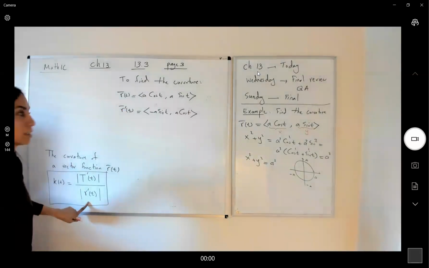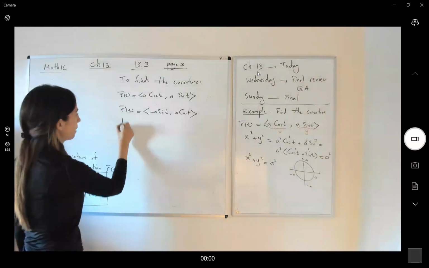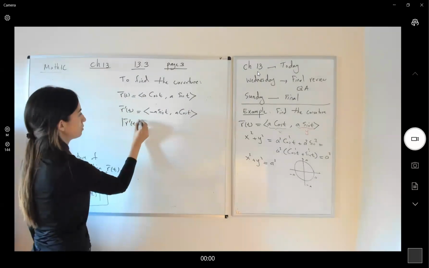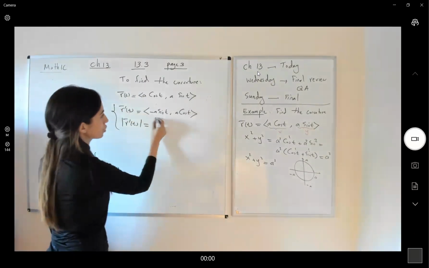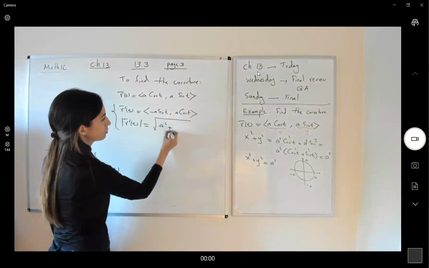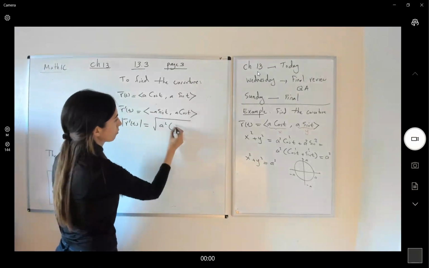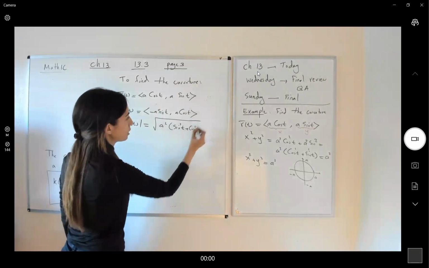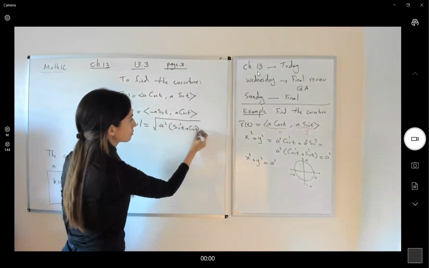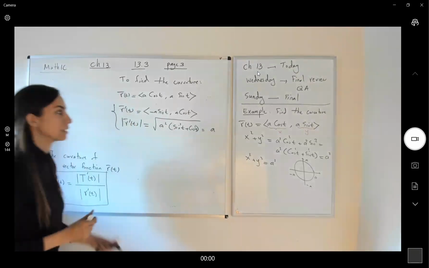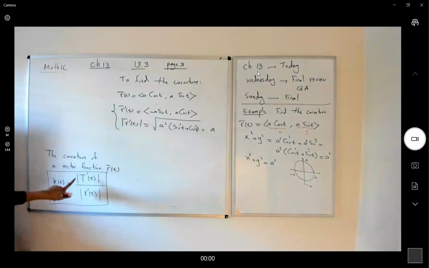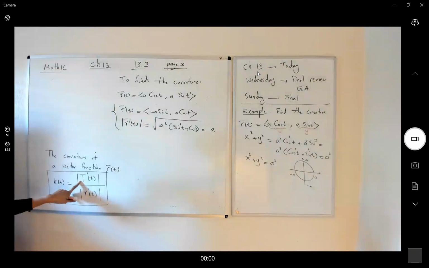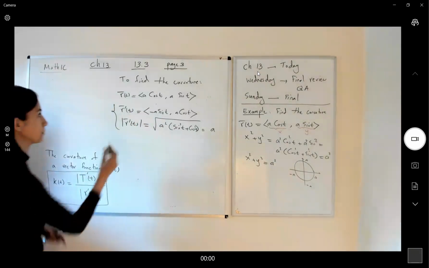On the denominator, you need the magnitude. The magnitude is equal to the square root of a squared times sine squared plus cosine squared, which is equal to just a itself. On the numerator, first we have to find the unit tangent vector, take the derivative, and then find the magnitude.